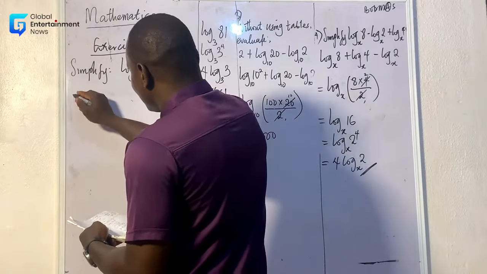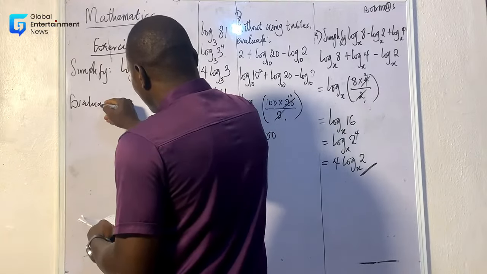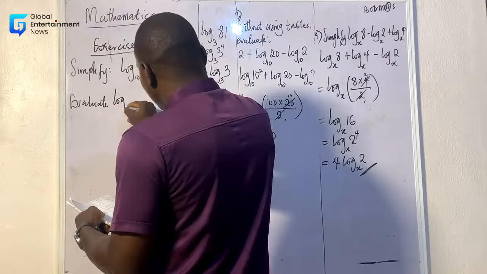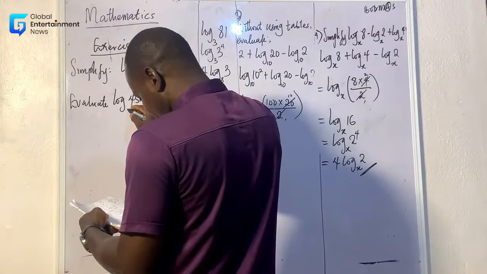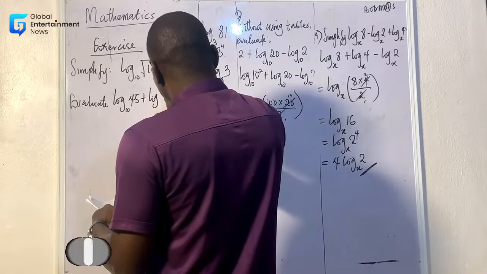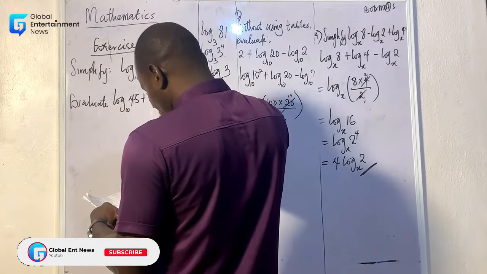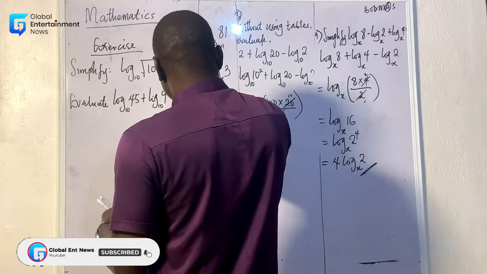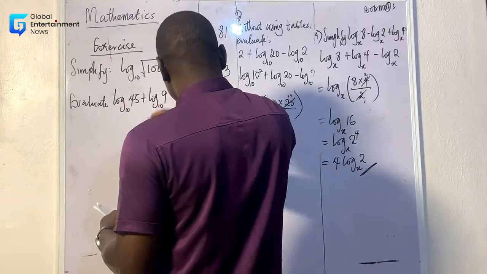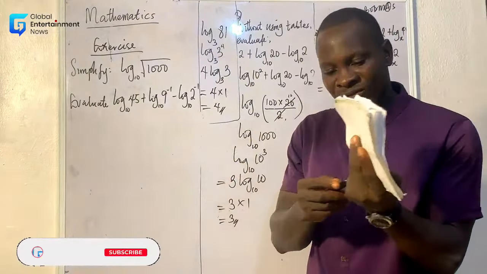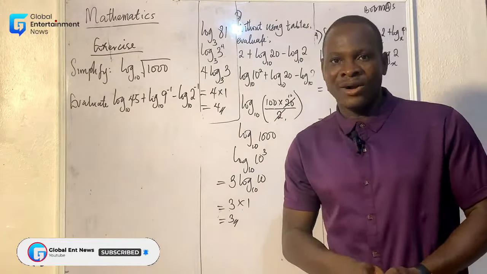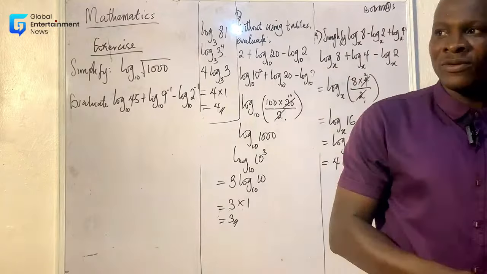Number 2 says evaluate log 45 base 10 plus log 9 raised to power minus 1 base 10 minus log 2 raised to power minus 1 base 10. So you have only 5 minutes to solve this, and your time starts now. 5 minutes.